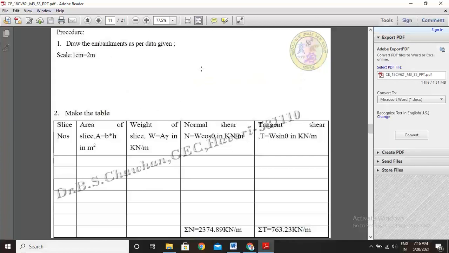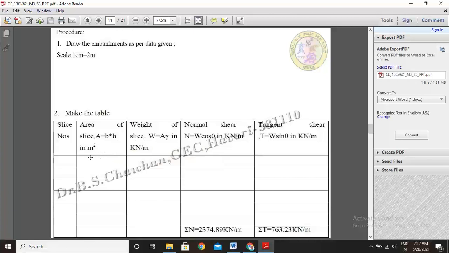Then note down the theta value in radians. Then divide into a number of slices based on the distance obtained from the embankment. Then calculate normal force, tangential force, self weight, area, etc. from the embankment sketch.